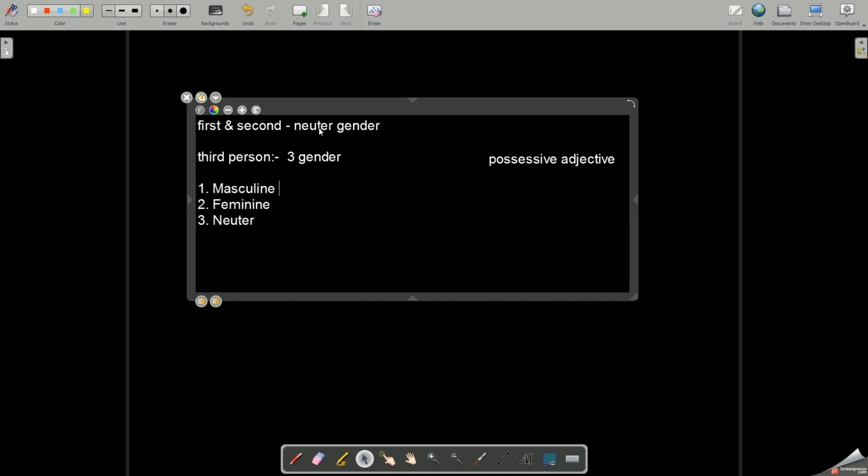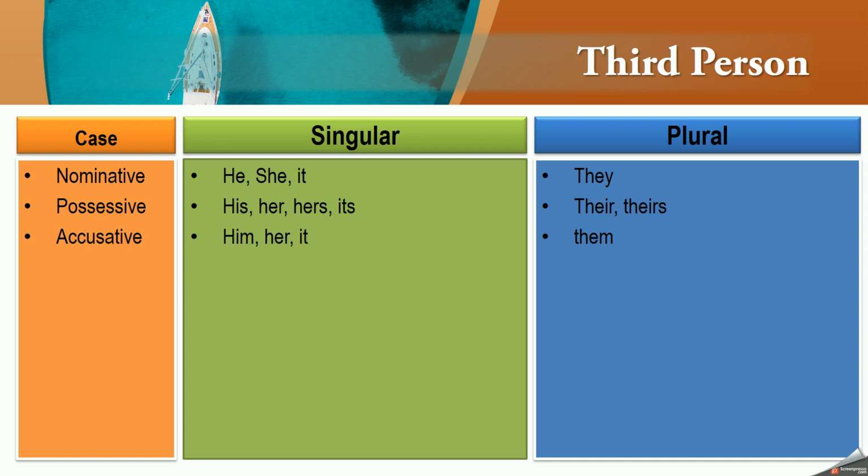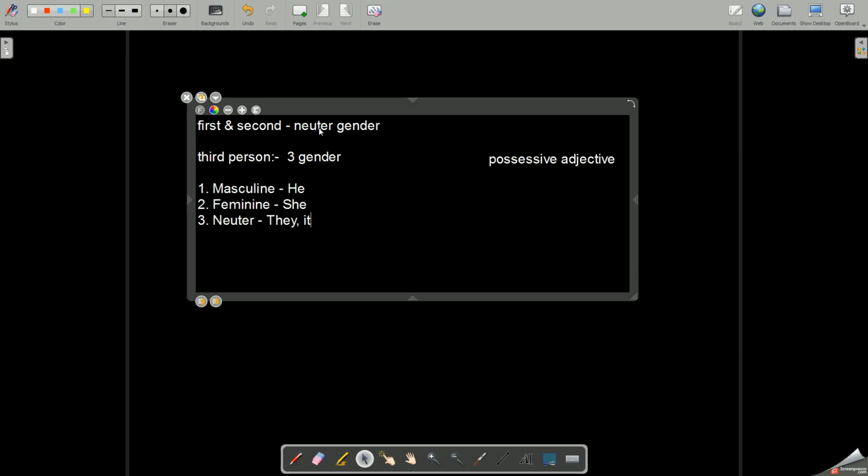So in masculine you have he, in feminine you have she, in neuter you have they, it. So here also it would be like this: he, him, his, then she, her, hers, they, it, their, theirs, its.